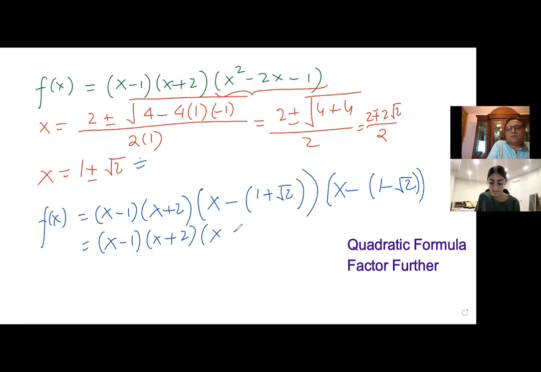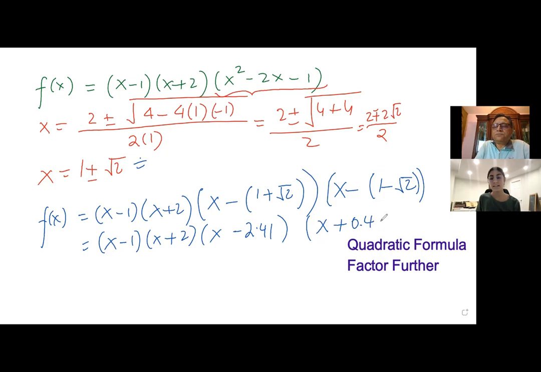So the first value is approximately 2.41. Then 1 minus root 2 gives the second value, negative 0.414.